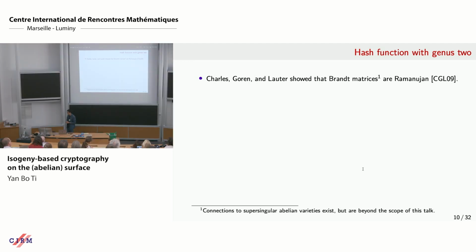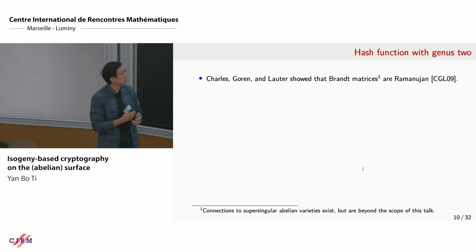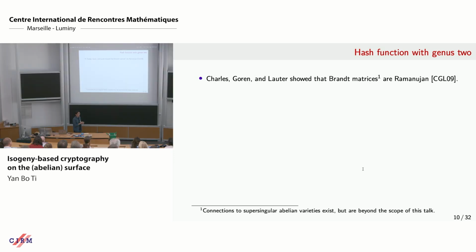So for a hash function in genus 2, I'd like to go through the history. In 2009, Charles, Goren, and Lauter showed that Brandt matrices are Ramanujan, and they hinted that you can look at supersingular abelian varieties to create a hash function.